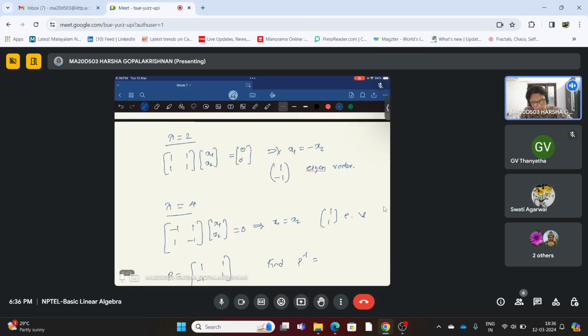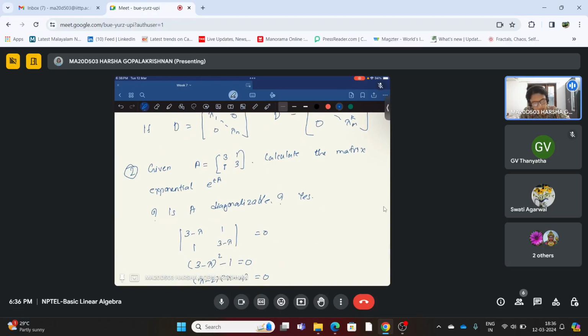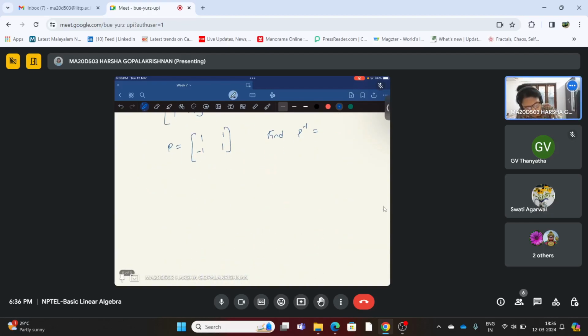Okay, so what was the question? To find e power tA. What is e power tA by definition? e raised to tA is equal to P into e raised to tD into P inverse, correct?